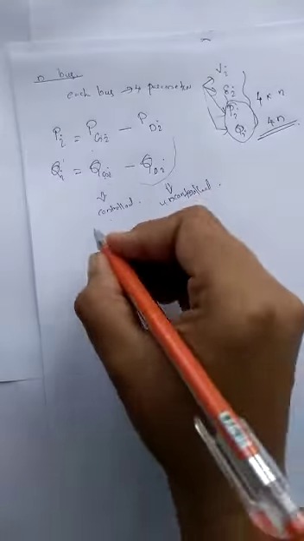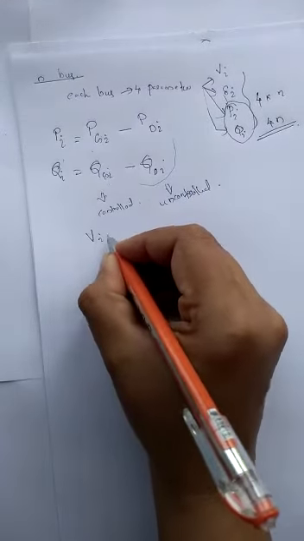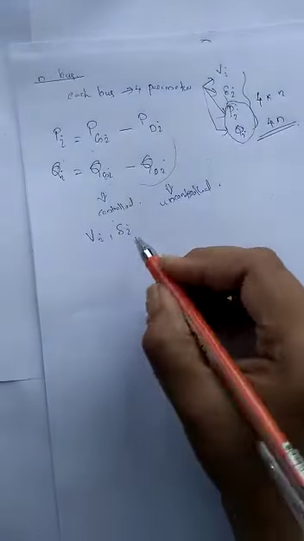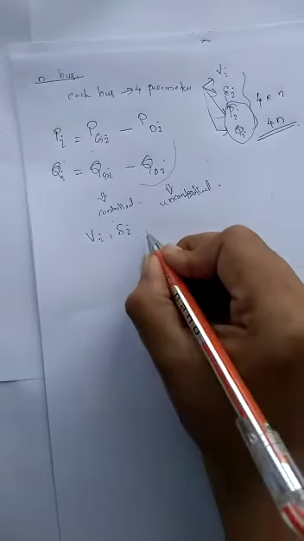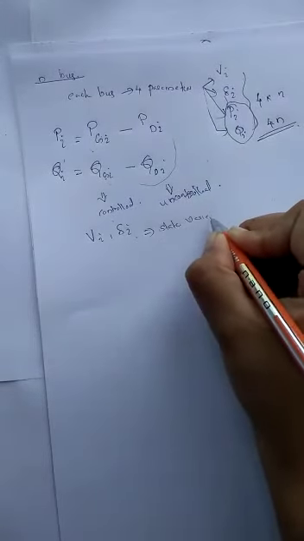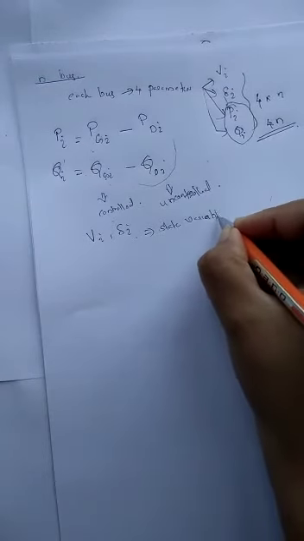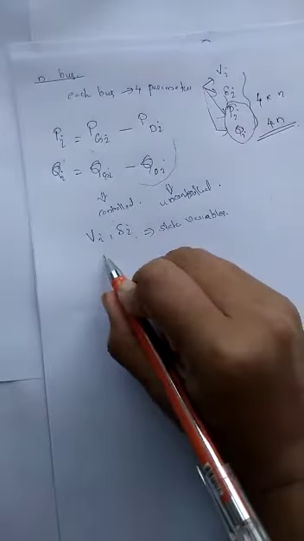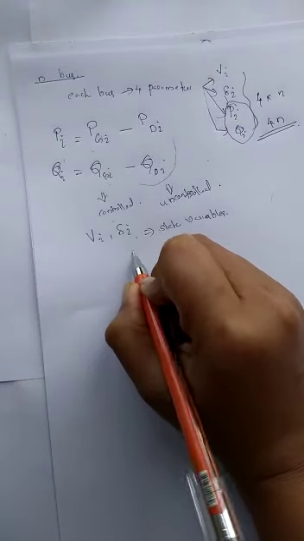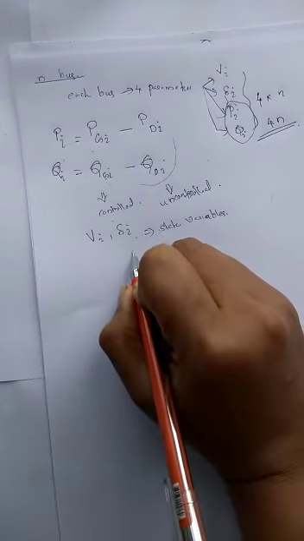There are other variables, that is Vi and delta i, which we call state variables. Depending upon the power generated and the load, V and delta change, so we consider them state variables.